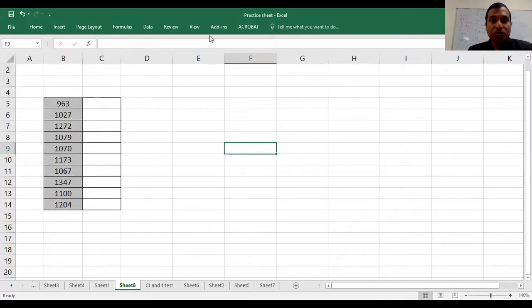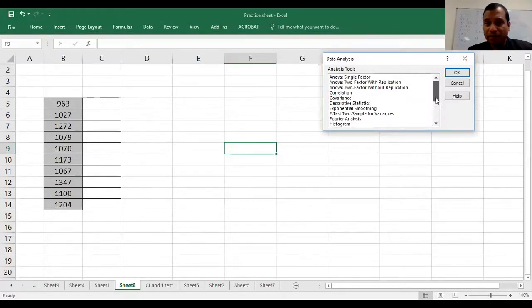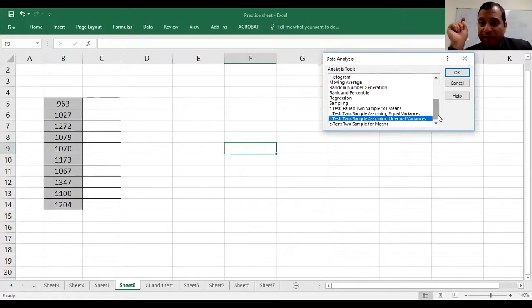Okay, so you go to Data and then Data Analysis. Could you see the t-tests at the bottom? You will see t-test paired two sample for means, t-test two sample assuming equal variance, and t-test two sample assuming unequal variance.